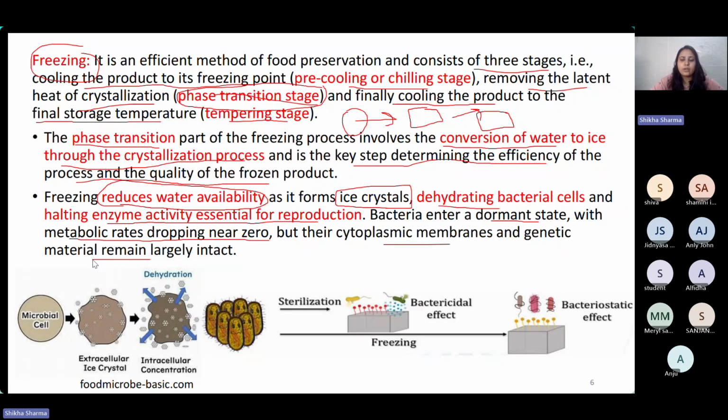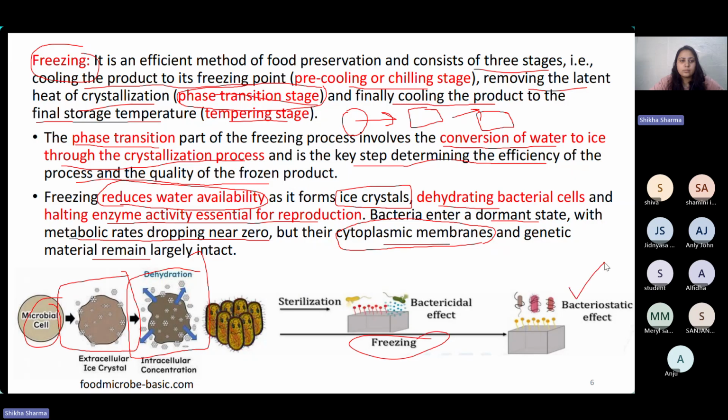So when we are freezing the bacterial cell or the microbial cell, what is going to happen? Extracellular ice crystals will form and the bacteria will be dehydrated, but the DNA and the cytoplasmic membrane will be intact in the bacteria. That's why the freezing process is known as bacteriostatic.